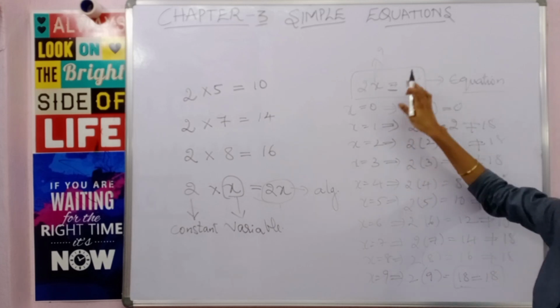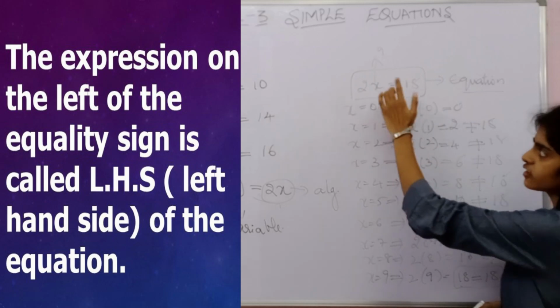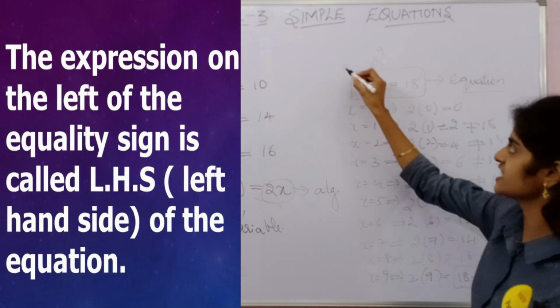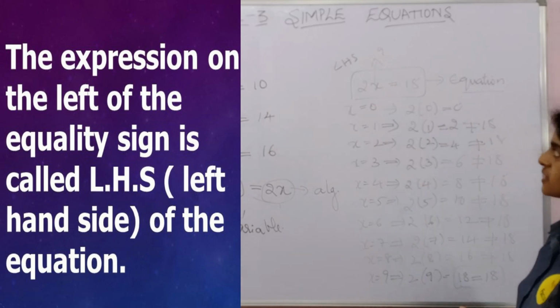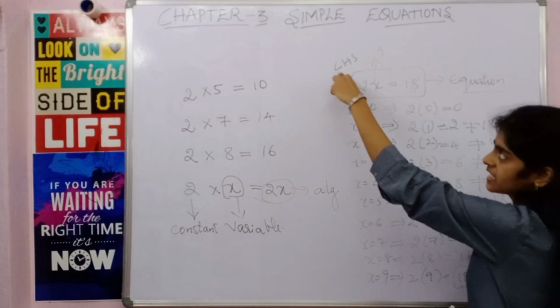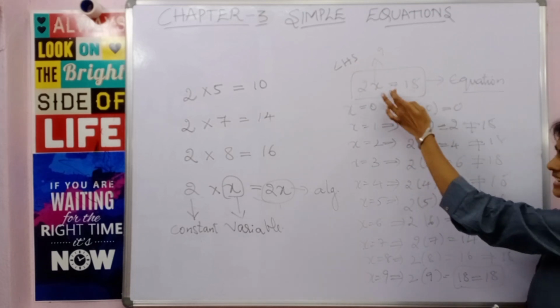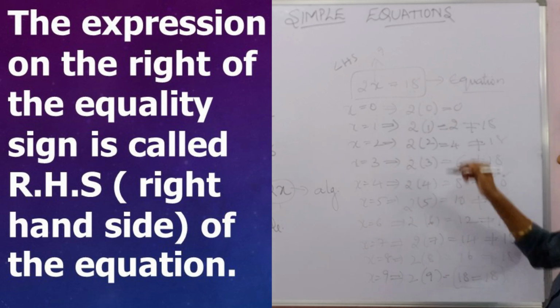The terms to the left side of the equality sign are called LHS. It is nothing but left hand side. And the terms to the right side of the equality sign are called RHS.